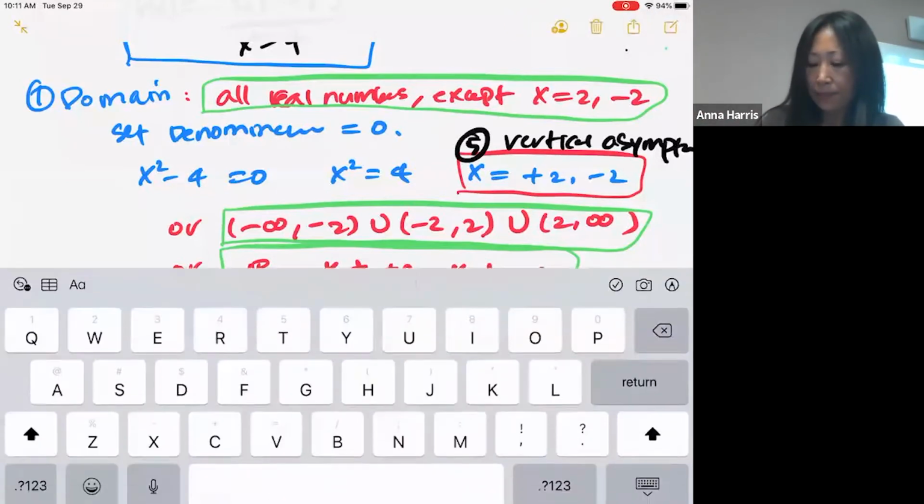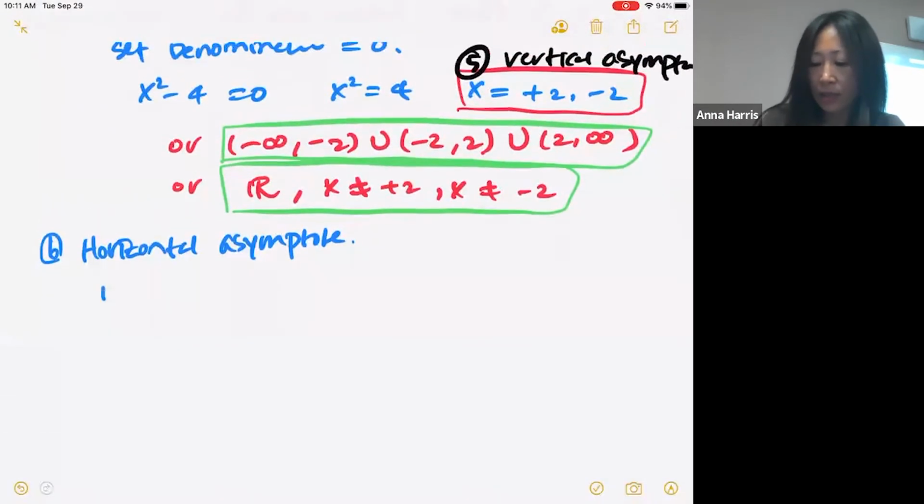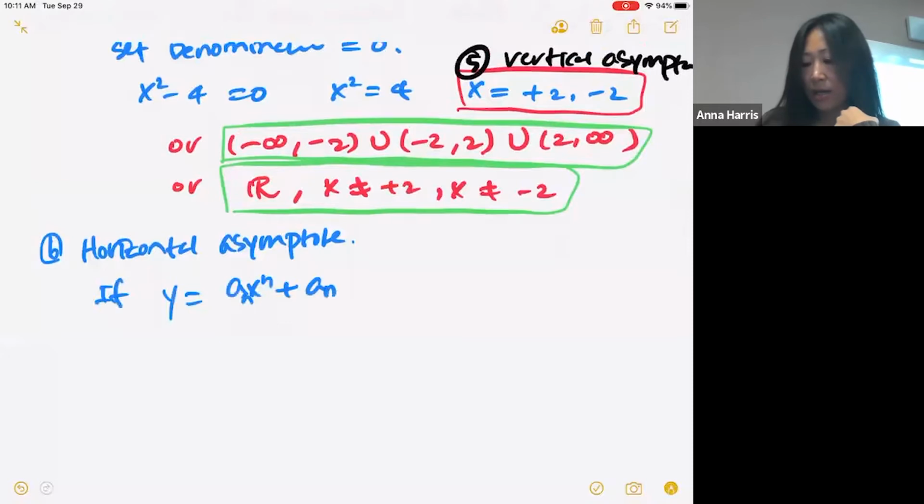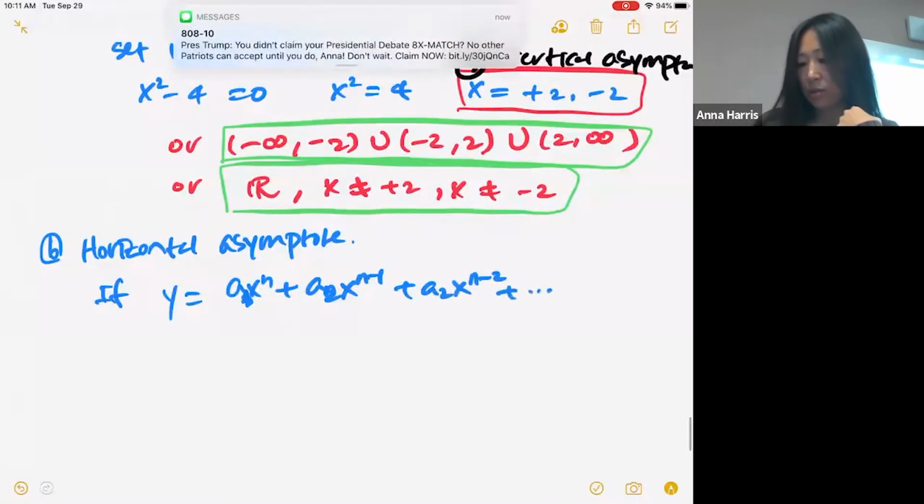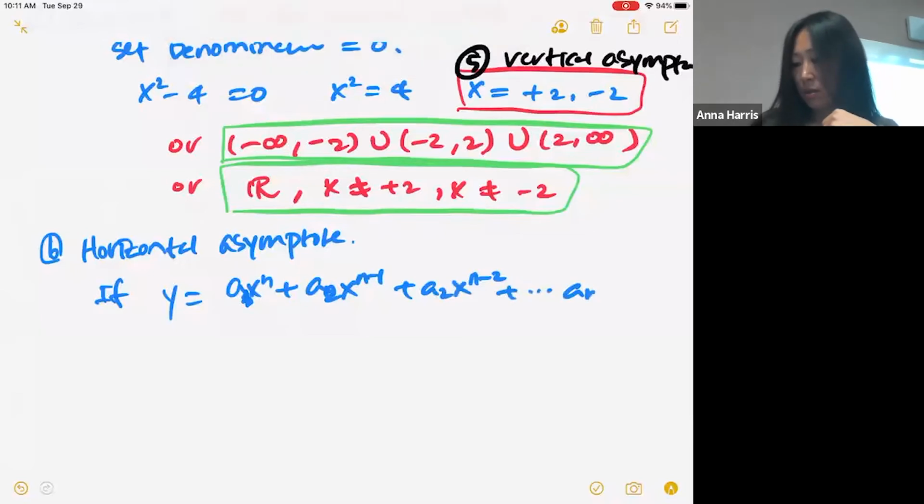Say you have y equal to a1 x to the n plus a2 x to the n minus 1, and so on.